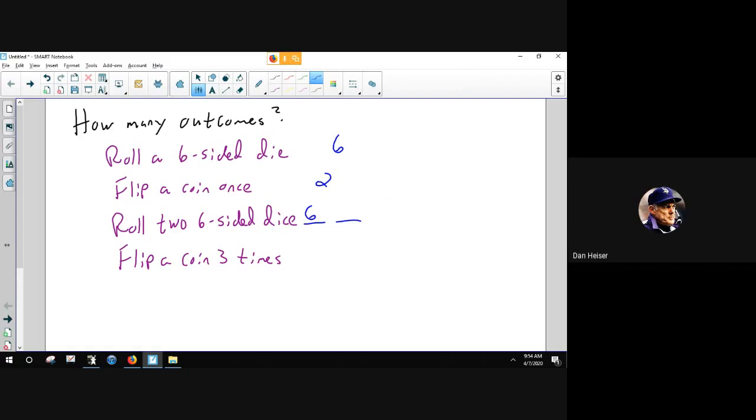On the second die, I have 6 numbers. Any one of these numbers can pair with any one of these numbers. So the implied operation is multiplication, and there are 36 possibilities.